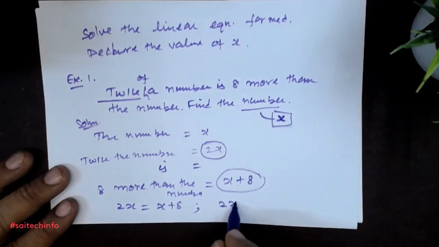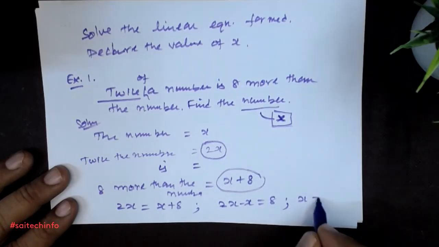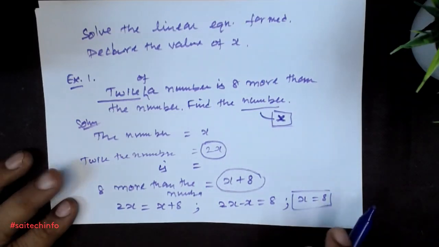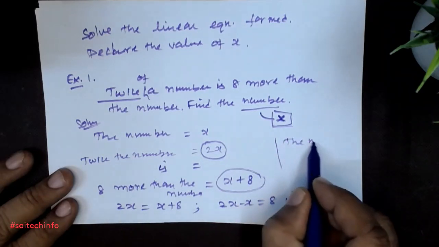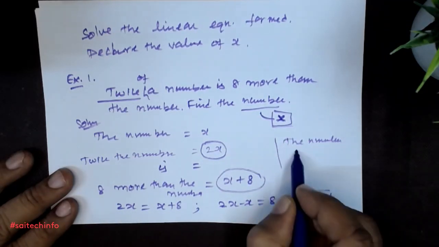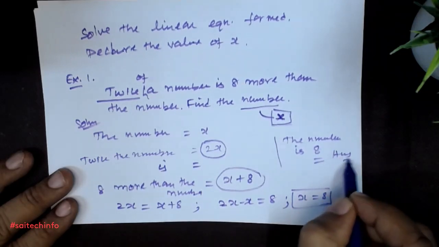So 2x minus x is equal to 8. And x is equal to 8. So x is the number. So you have to write down the number. The number is 8.